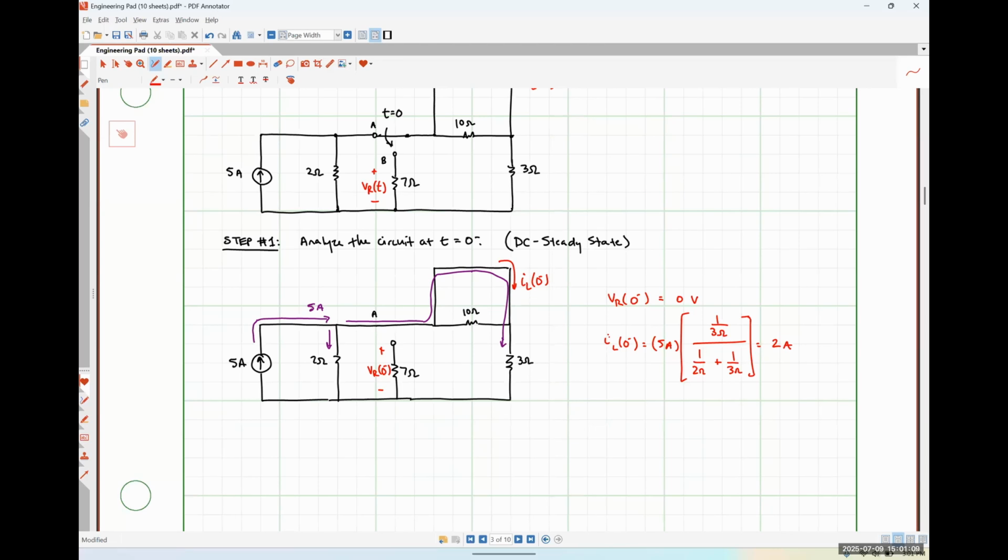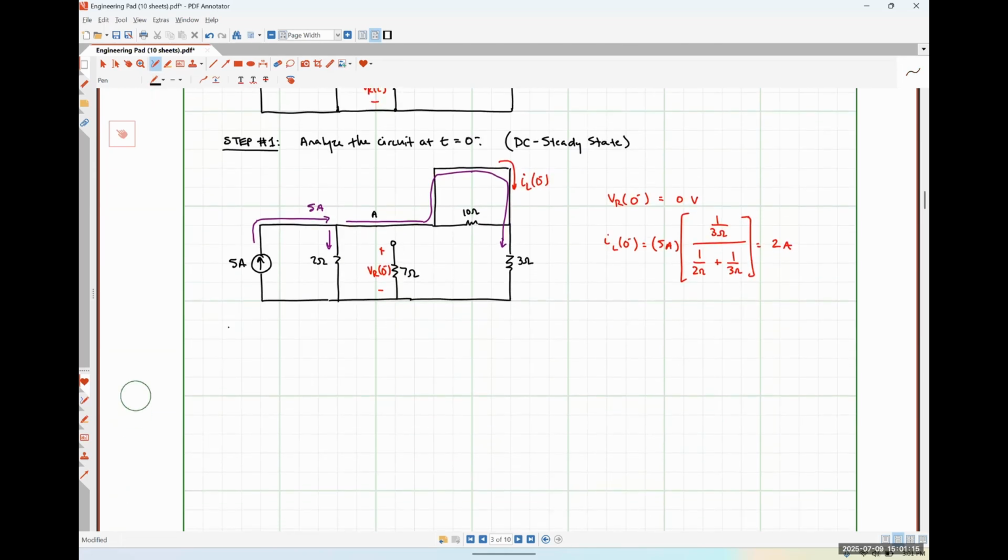All right, so let's move along to step number 2. So what we're going to do here in step number 2 is we're going to analyze the circuit at t is equal to 0 plus.